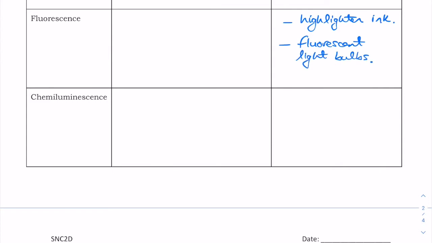Examples in everyday life would be the ink found in highlighters, as well as fluorescent light bulbs. Okay, so just to summarize, this occurs when an object absorbs UV light and immediately releases the energy as visible light.